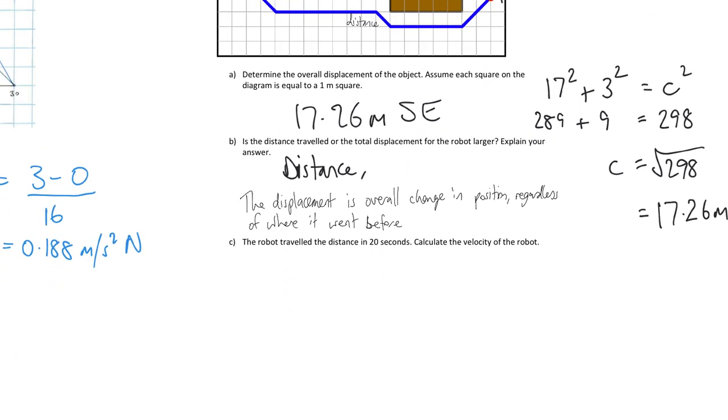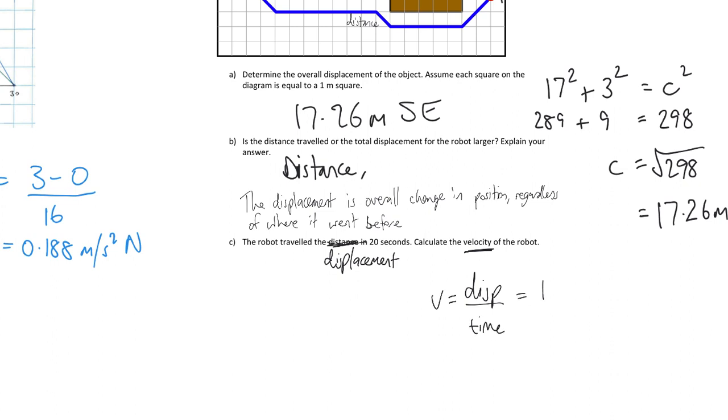Okay, if the robot traveled the distance in 20 seconds, calculate the velocity of the robot. So it's asking for velocity, which means that I need to use displacement. Probably should have written it like that. Okay, so velocity is equal to displacement over time.